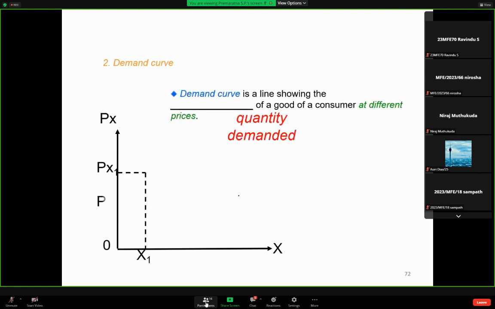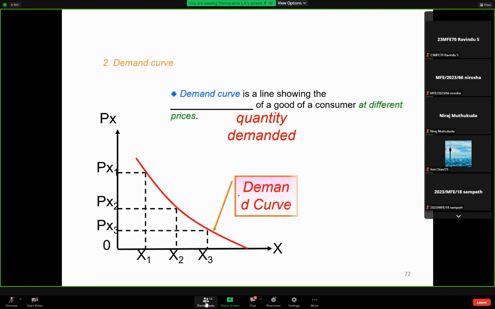That demand curve we call the Marshallian demand curve. According to the law of demand, it usually has a negative relationship, but there are some exceptional cases, called the Giffen paradox. So we will see how the Marshallian demand curve is shaped and derived for different types of goods.